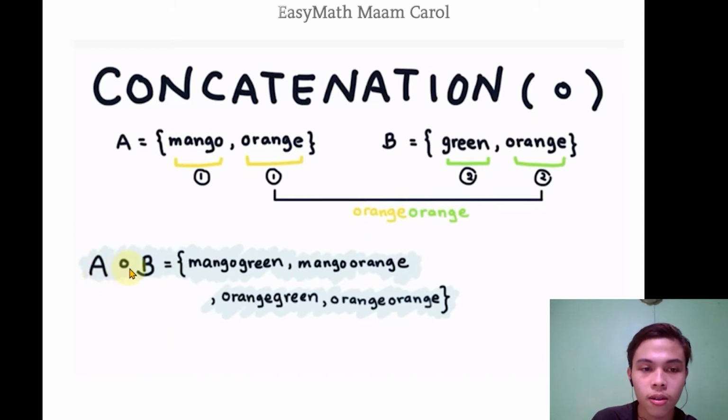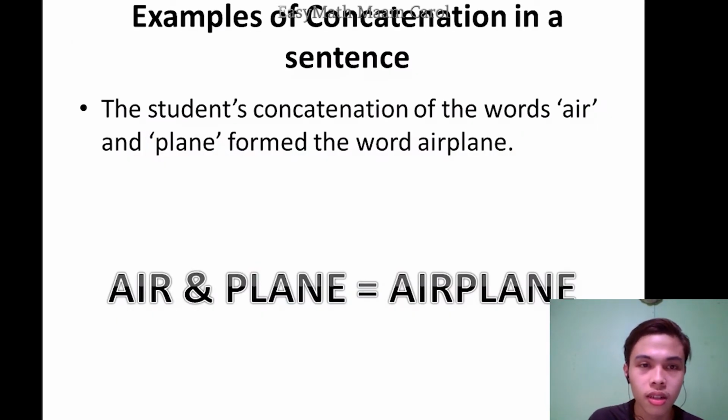Set A concatenate set B: mango green, because we get the mango and the green. Next, mango and orange, we have mango orange, orange green, and orange orange. So that's the concept or the idea of concatenation.